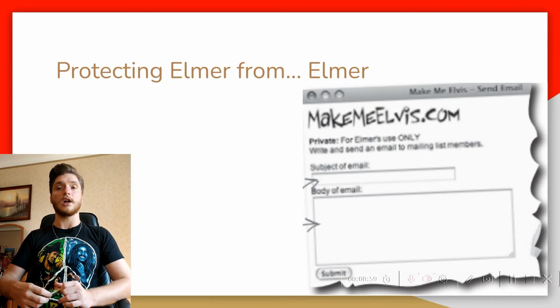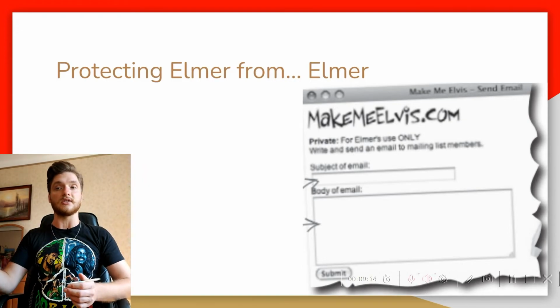Let's take a look at the code in your current sendemail.php script to see how Elmer's empty email messages are getting created. Our send email script uses the text from the form to build an email even if the user didn't enter anything.